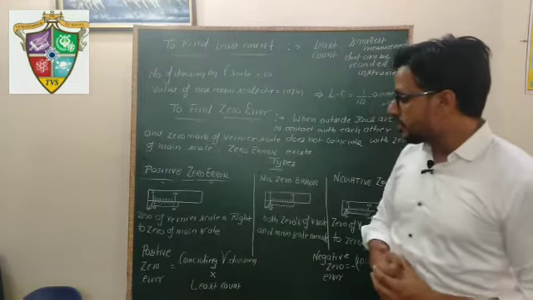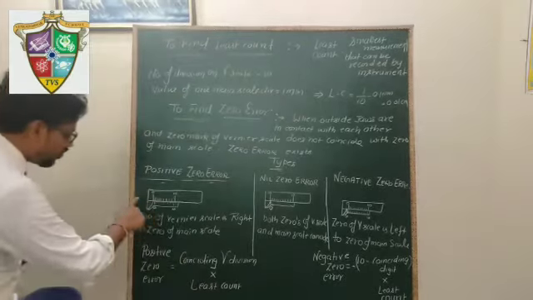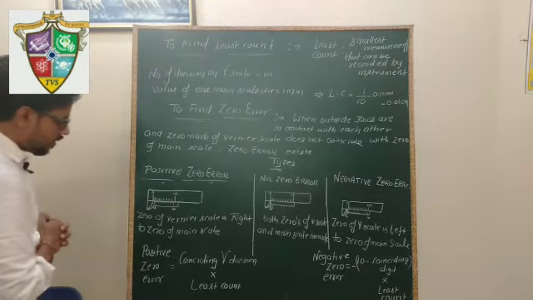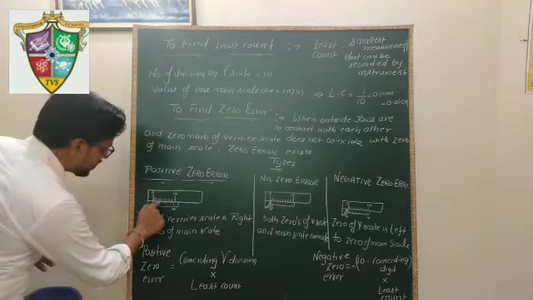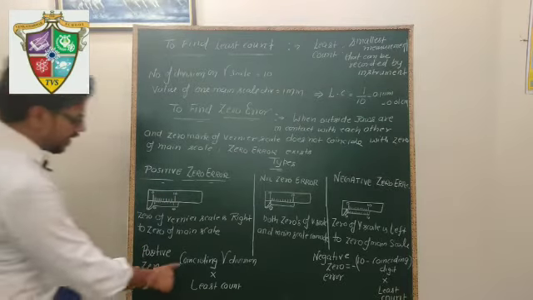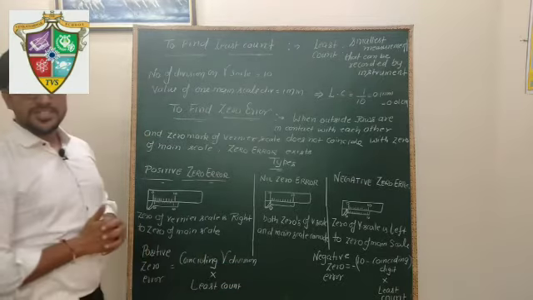So positive error, how will we find this positive error? We will see which division of the vernier scale is coinciding with the main scale. Say there is the third division which is coinciding with it. So we will write that value and multiply it with the least count.